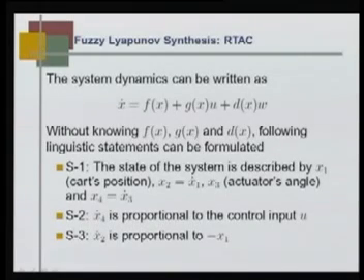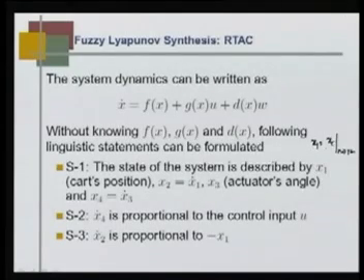Even if I do not know exactly what f(x), g(x), d(x) are, I can still say the state of the system is described by x1, the cart's position, x2 equal to x1 dot, x3 the actuator's angle, and x4 equal to x3 dot. So x3 is theta, x4 is theta dot, and x1 is xc normalized.